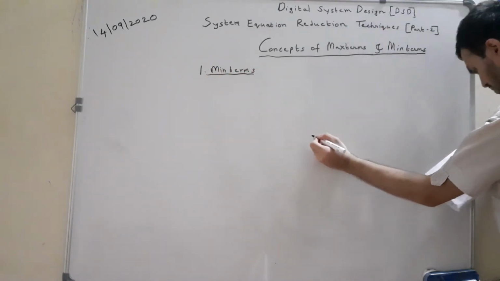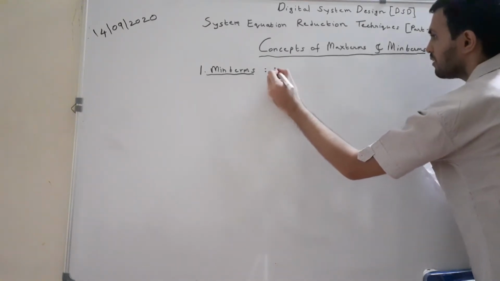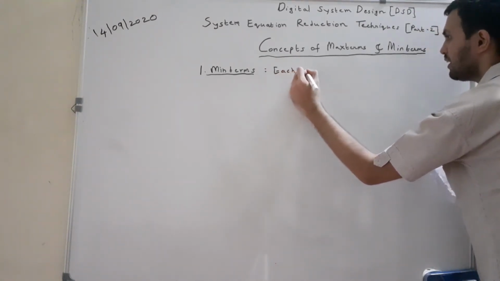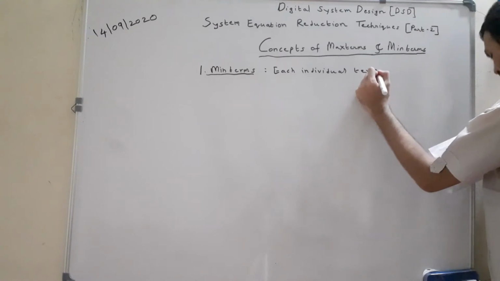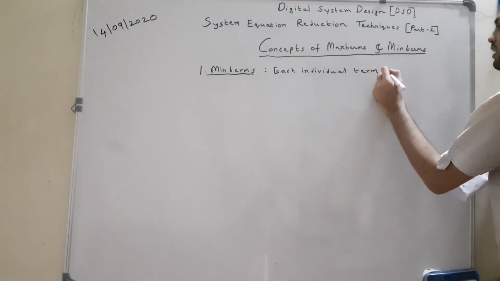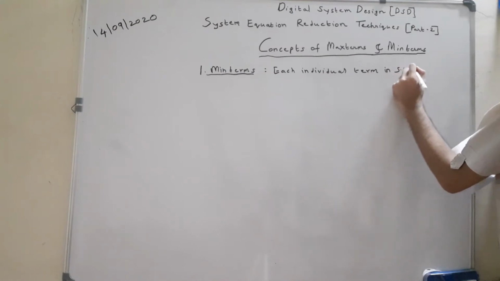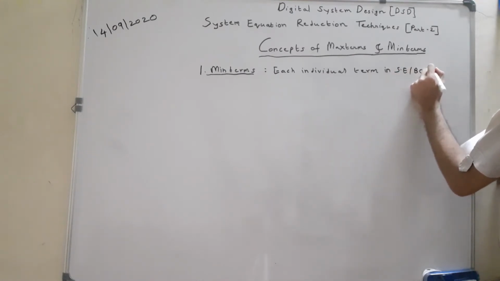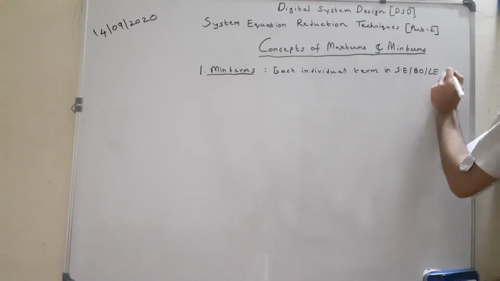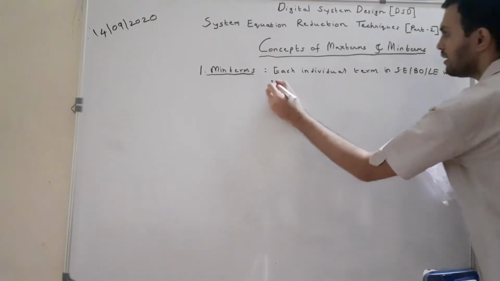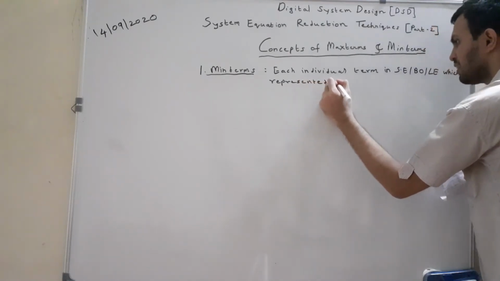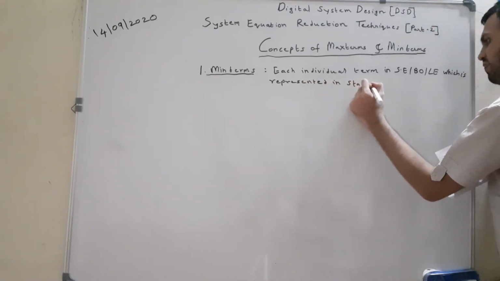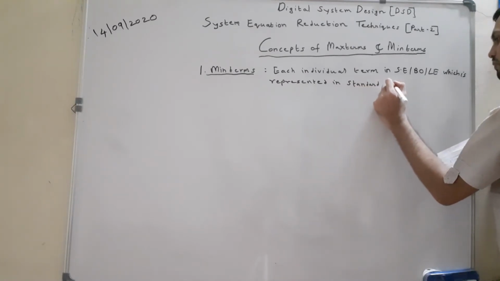What do you mean by min terms? Each individual term in a system equation, Boolean expression or logic expression, which is represented in standard or canonical SOP form.